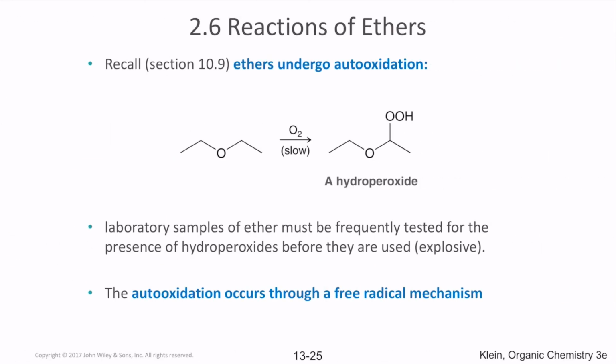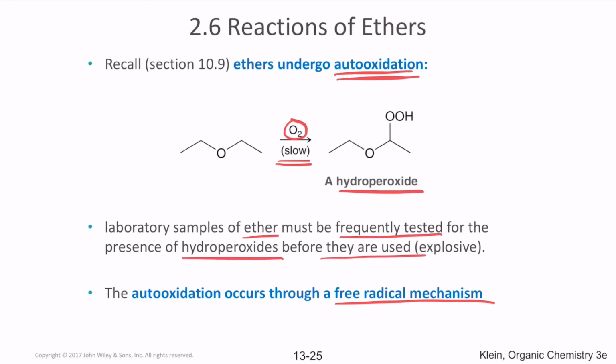Next, ethers also undergo what we call autooxidation. Autooxidation is the process of adding oxygen to itself to create hydroperoxides. This is a slow process, but ethers do undergo it through a free radical mechanism. Laboratory samples of ether are frequently tested for the presence of hydroperoxides before they are used, because they can be explosive.